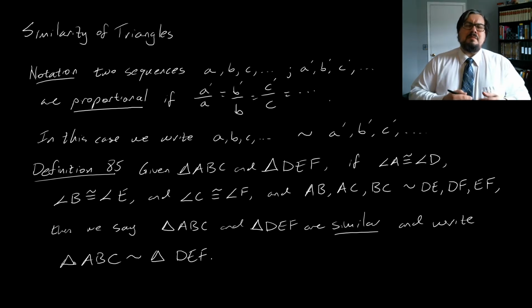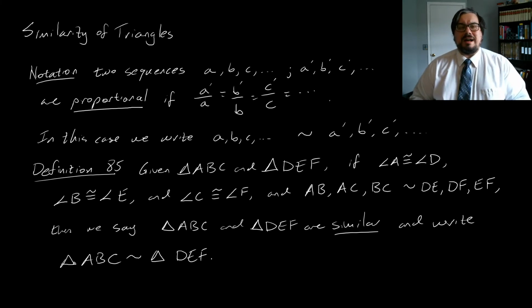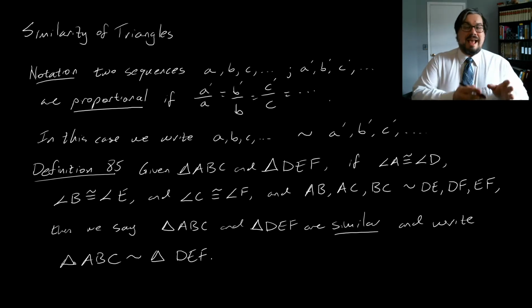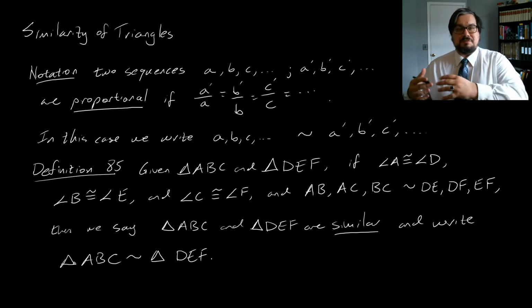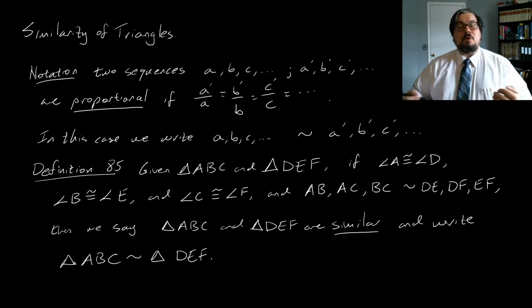Now, some geometry texts will define similarity simply using the angles, and say that two triangles are similar if the corresponding angles are congruent, and then prove as a theorem that, under that definition of similarity, the side lengths are proportional to one another.